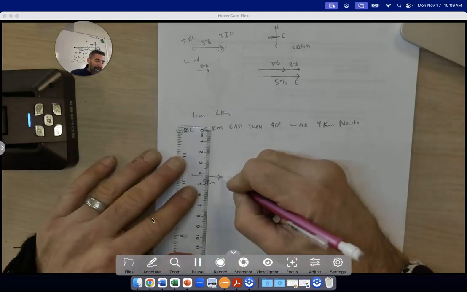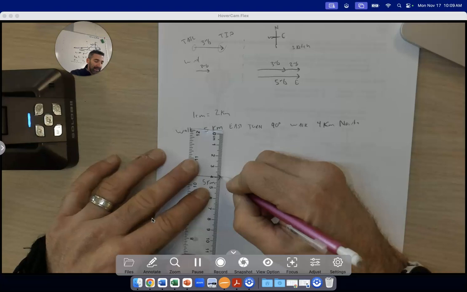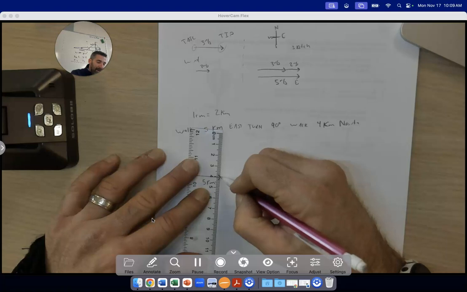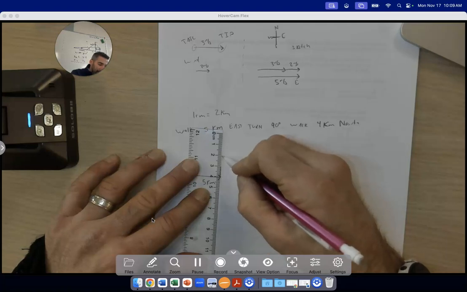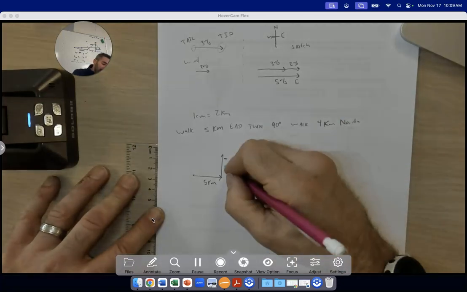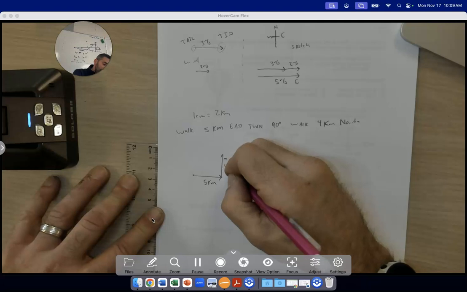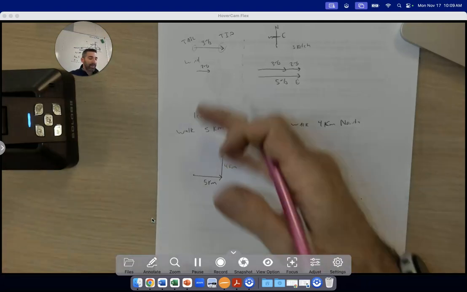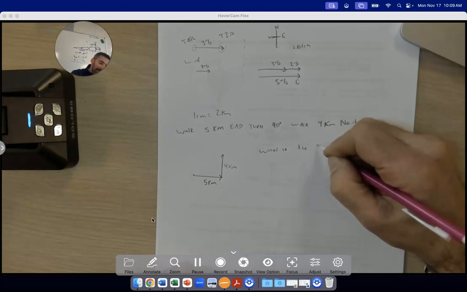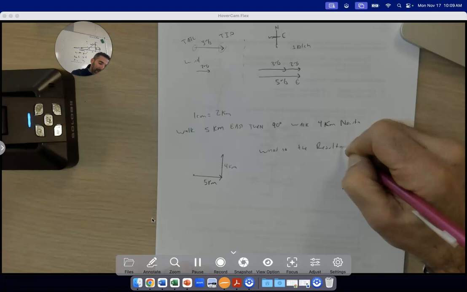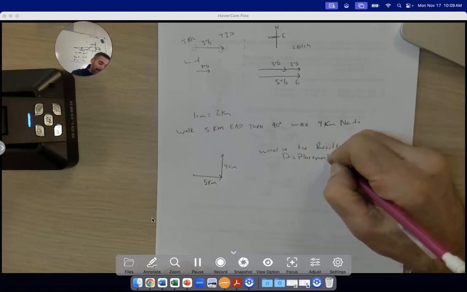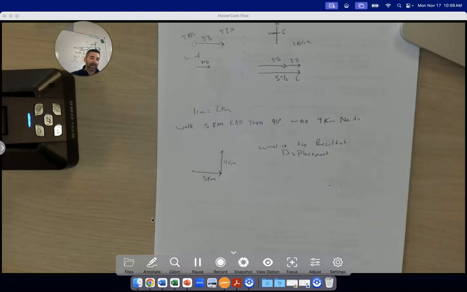So I start at the tip of my vector, and I would go 2, 4, that's 2 centimeters or 4 kilometers north. And now my question is, what is the resultant displacement?